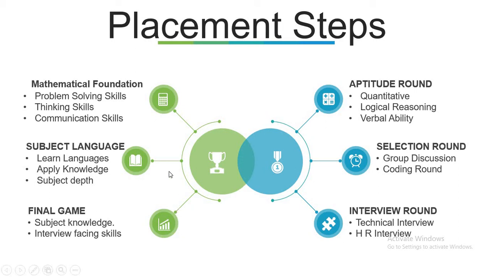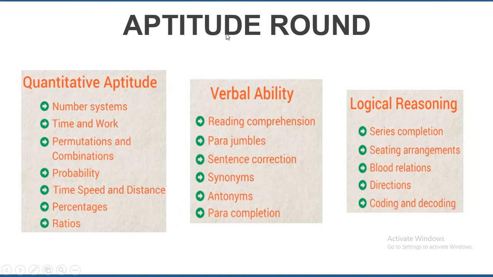Now, moving to the first round, the aptitude round. In this, I have mentioned there are majorly three different sectors: quantitative, verbal ability, and logical reasoning. Quantitative aptitude majorly focuses on number system, time and work, permutation and combination, probability, time, speed and distance, percentage, ratios.